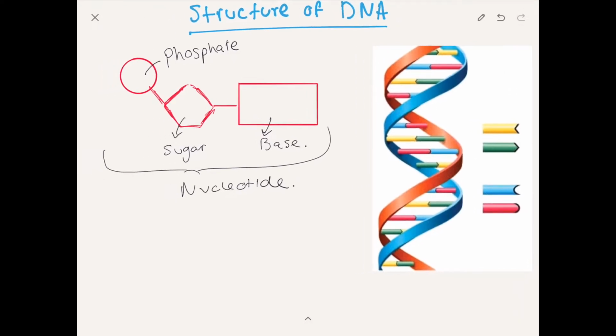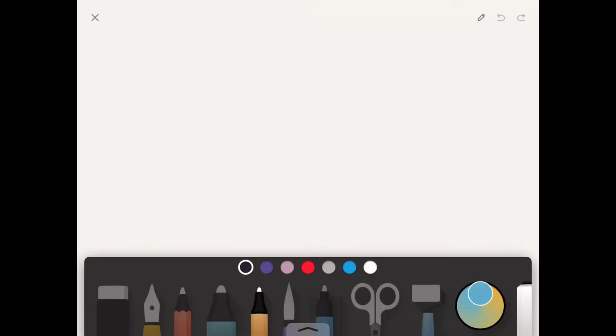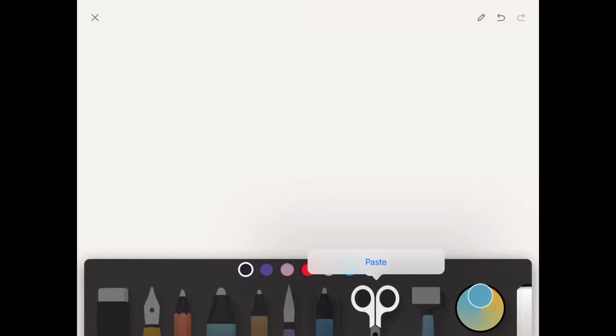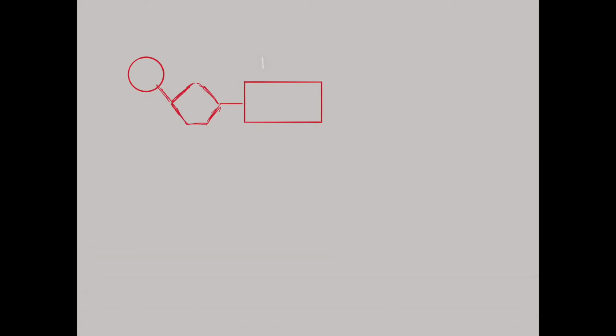Within our bases, however, we do have variations. It's not just the same base every time. There are actually 4 types of bases. So this here is our base.